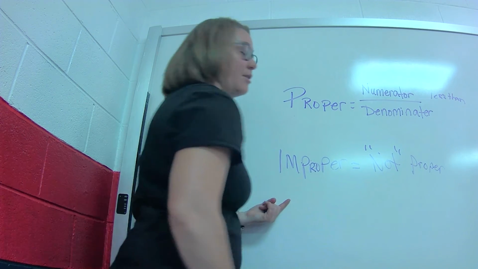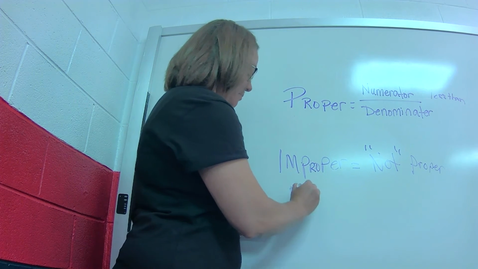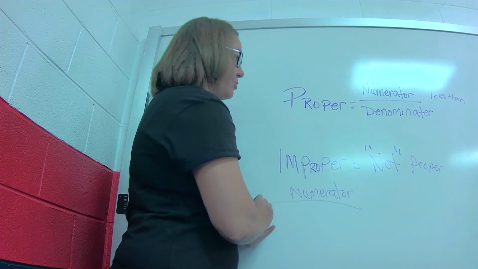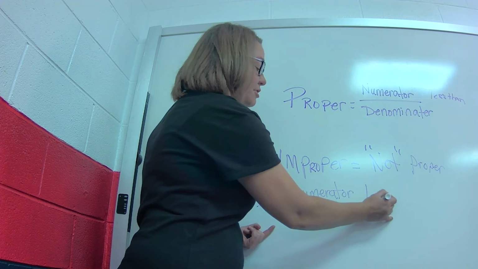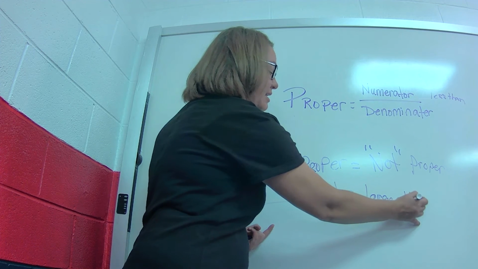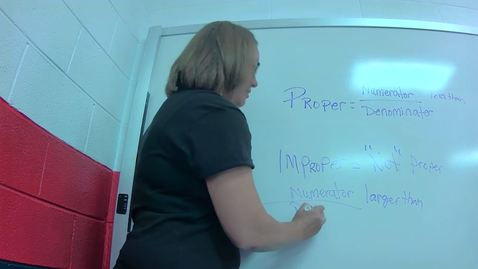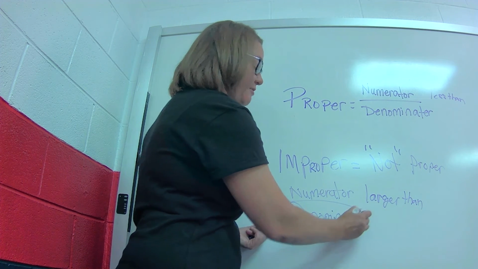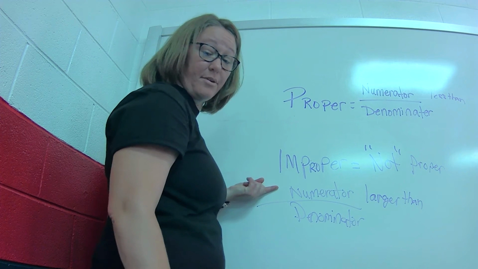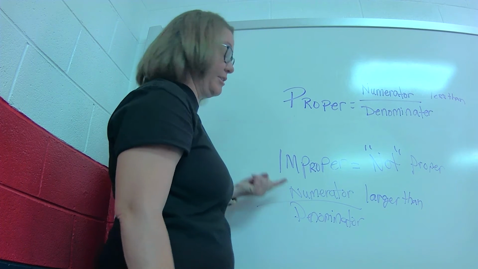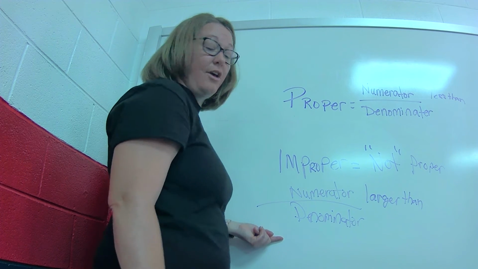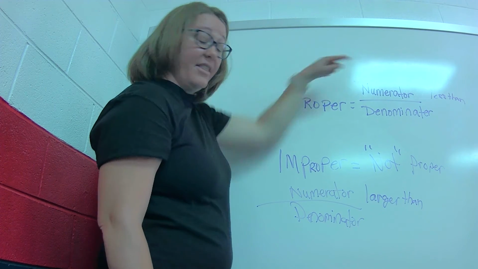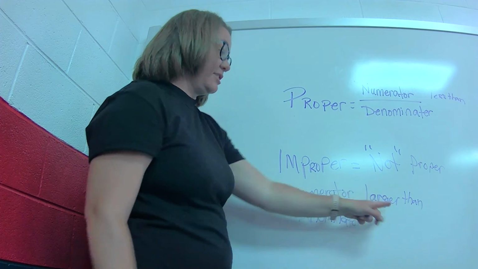So therefore, my numerator still is my top number, but my numerator is larger than the denominator. A denominator is still the bottom number. The parts of the fractions never change. You have a numerator and a denominator. But in the proper fraction, the numerator is less than, and in the improper fraction, the numerator is larger than.